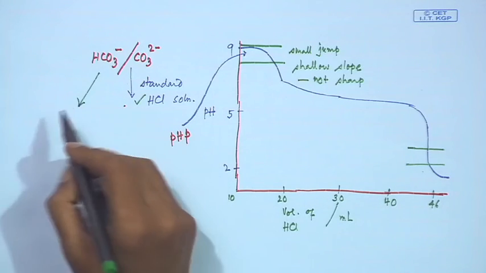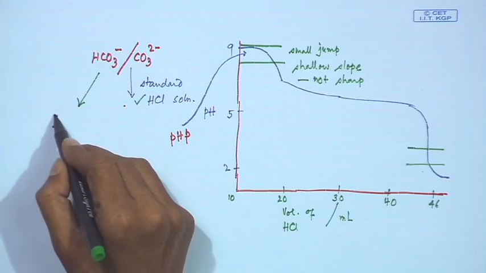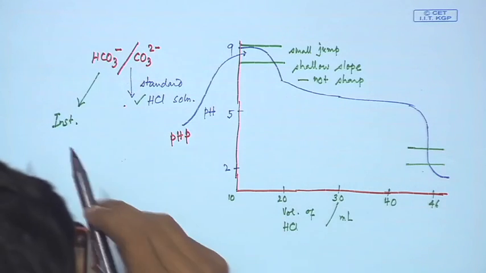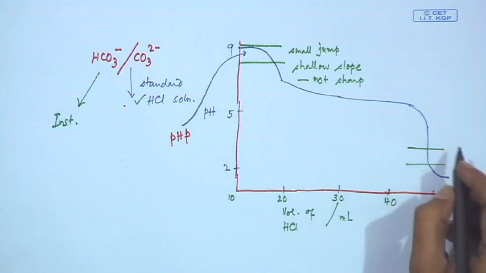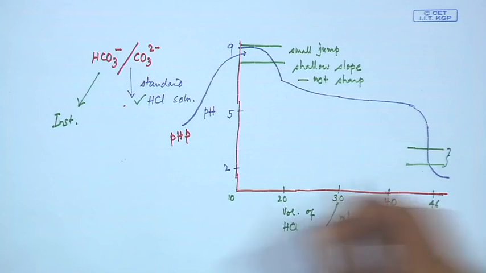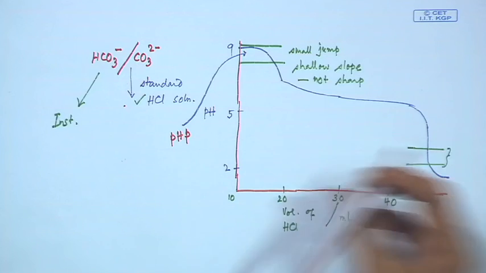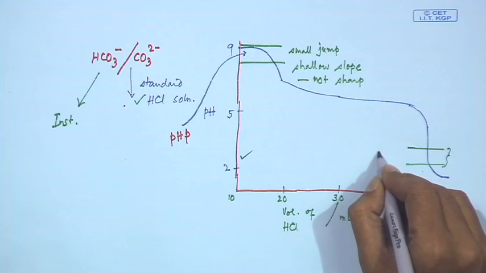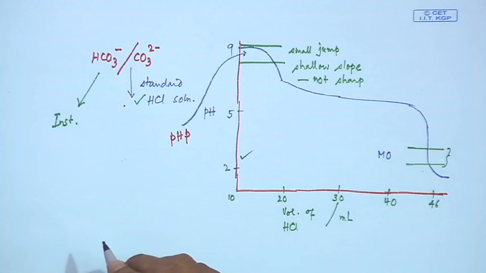But the most useful one, which we will discuss afterwards, is the use of an instrument or a potentiometer for the potentiometric titration. But this one is very sharp, and this range, as I discussed just now, is the range we all know. This particular range is useful for methyl orange.